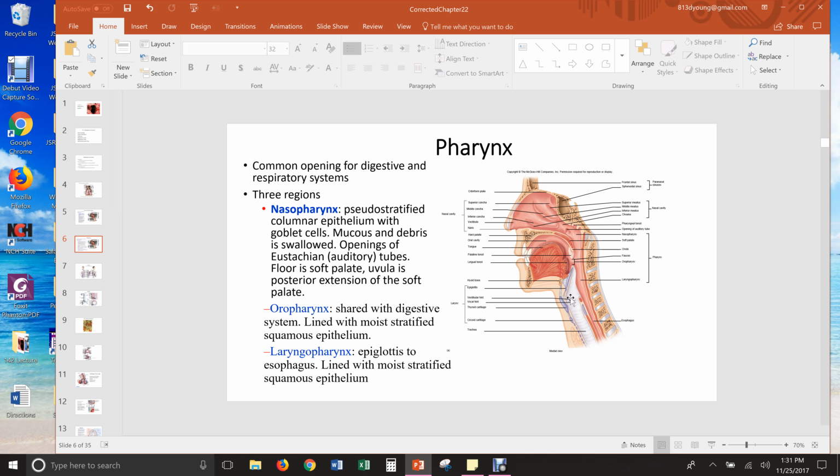Now, in the area of our pharynx, we do have some special structure showing up, the pseudostratified columnar epithelium with goblet cells. In this area, we're going to get air from our nasal cavity.